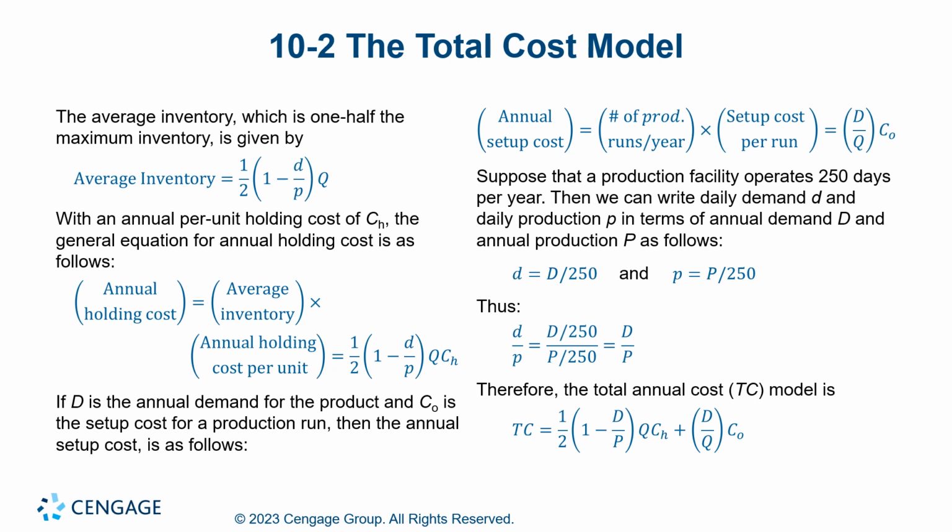And therefore d over p for the daily is actually equal to D over P for the annual calculation. And therefore the total cost for this economic production lot size model is given by this one, which is more or less the same as the EOQ model with some additions in terms of the 1 minus D over P equation.